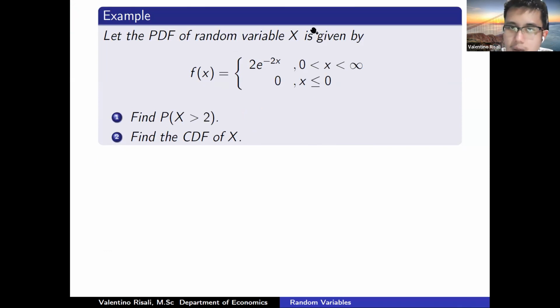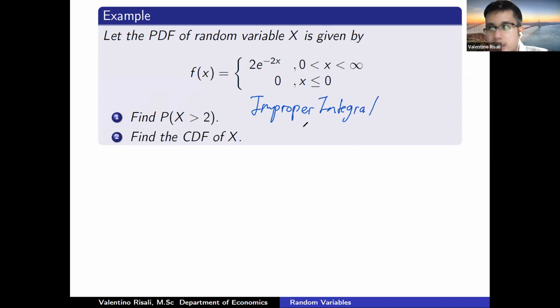I see this example is not usual because the value of x is in this interval. For this function, for checking whether it is a PDF or not, we use the improper integral. We have discussed it in our tutorial last Friday.